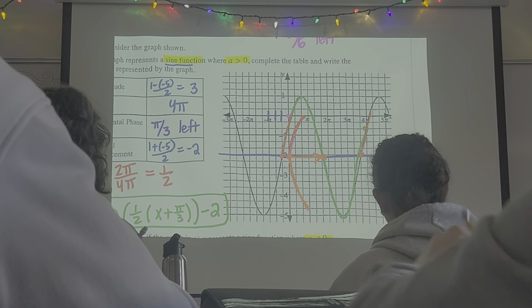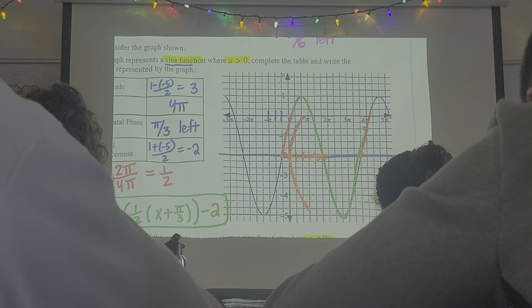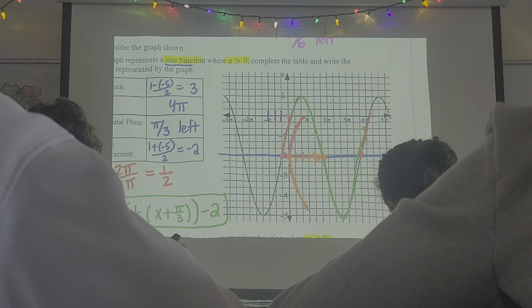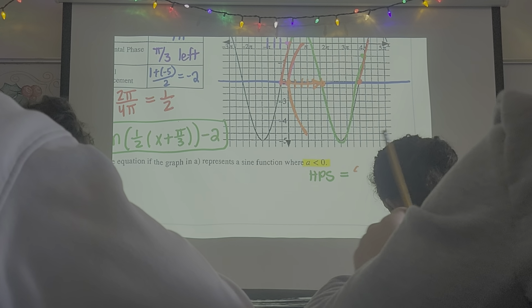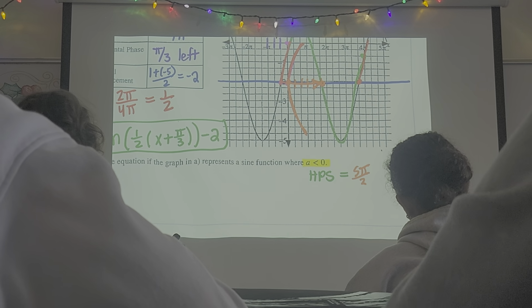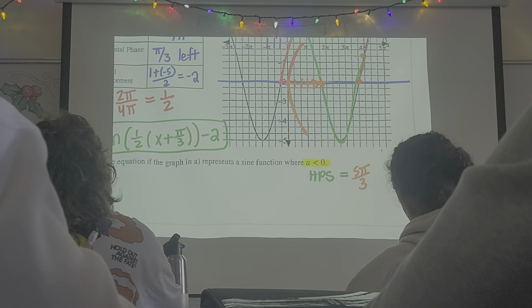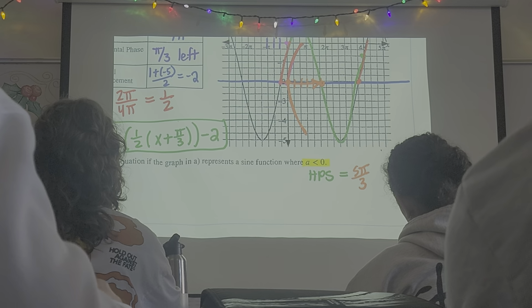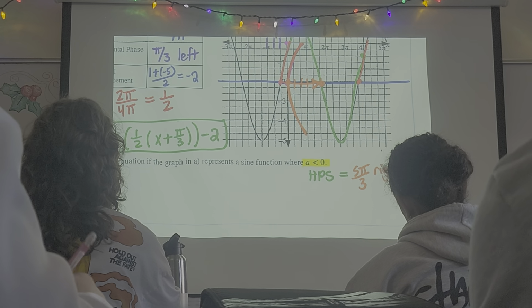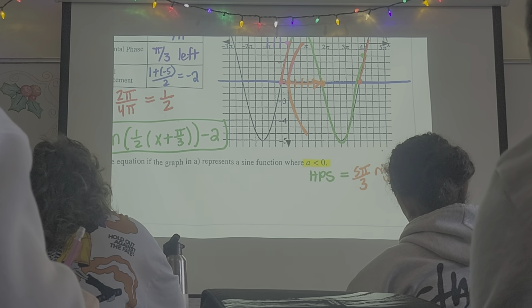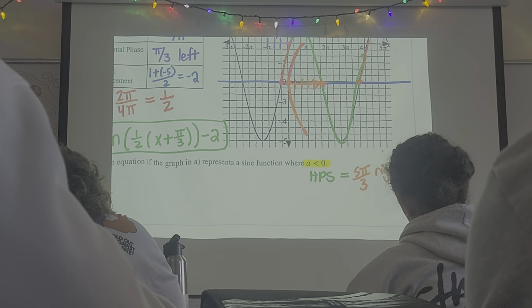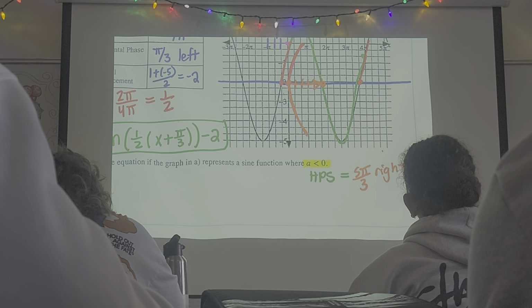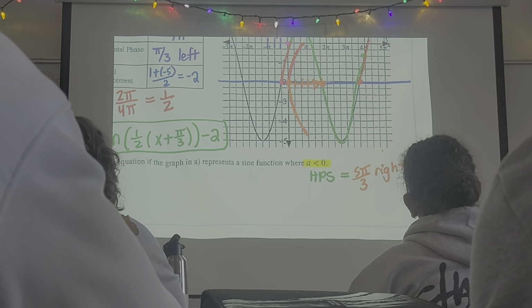How many units? 1, 2, 3, 4, 5 pi over 3, because we said it was split up into 3s. So the only thing we have to change, if we make it a reflection, is the phase shift.